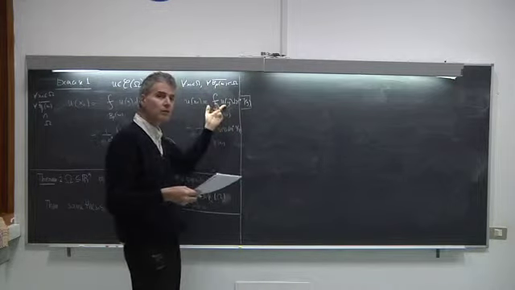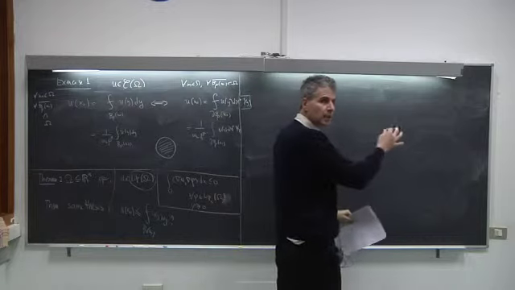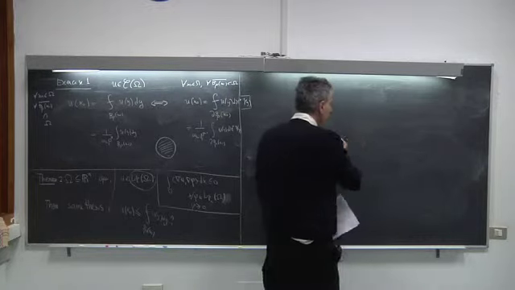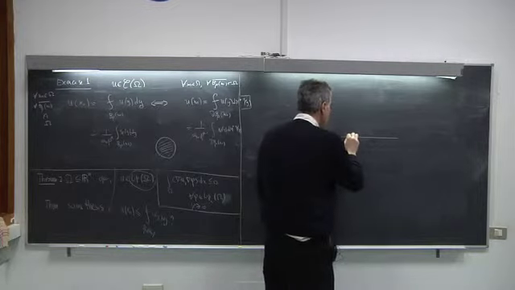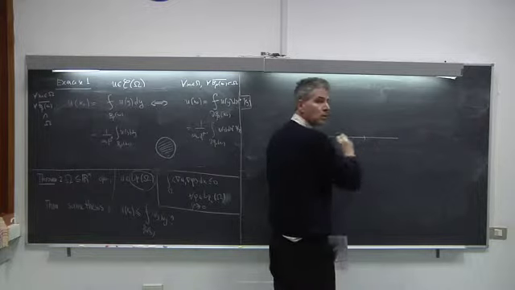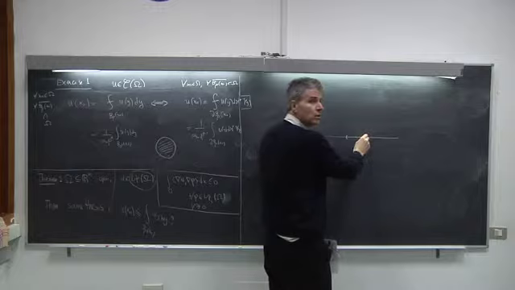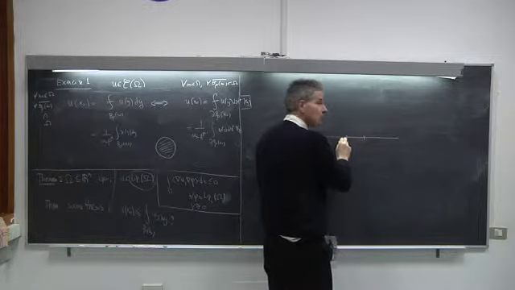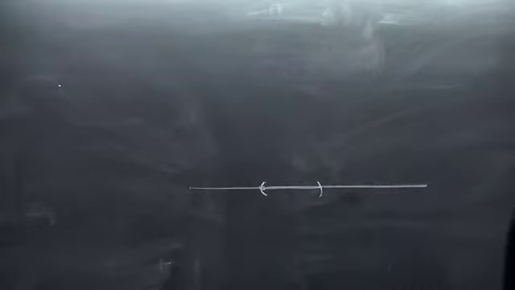This integral is not well defined. I mean, if you have an L1 loc function in the plane, say, or on the line, and you have a ball, so this is a ball on the line, of course you can integrate u here, but you cannot say which is the value of u here on the boundary or the value of u here on the boundary. This is not defined.